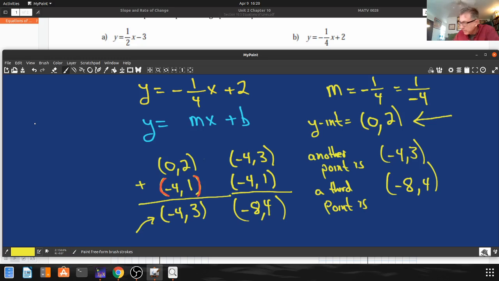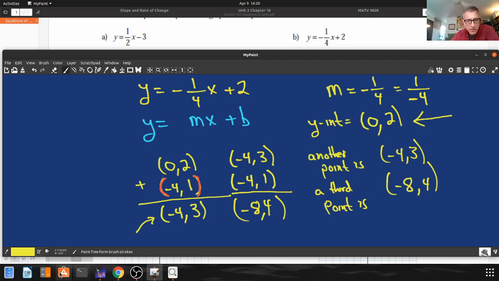So let's plot those. m was equal to 1 over minus 4, and our starting point was 0, 2, and we found two other points, minus 4, 3, and minus 8, 4. So let's go ahead and do that.